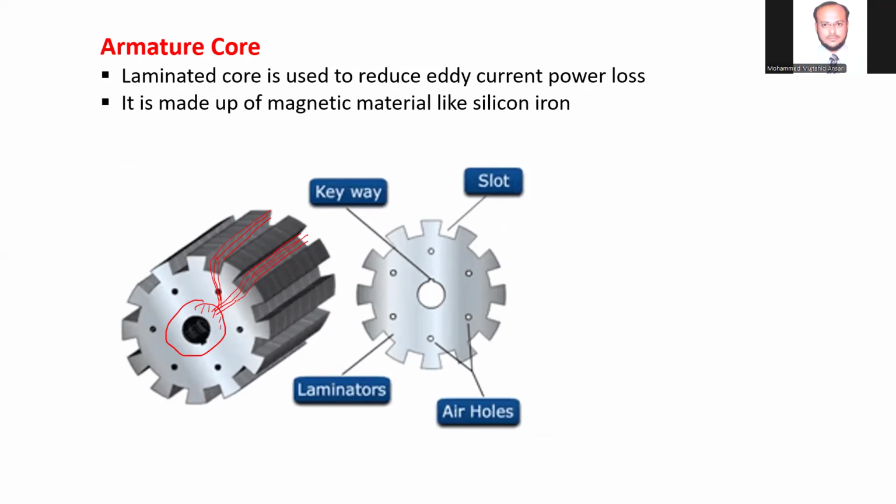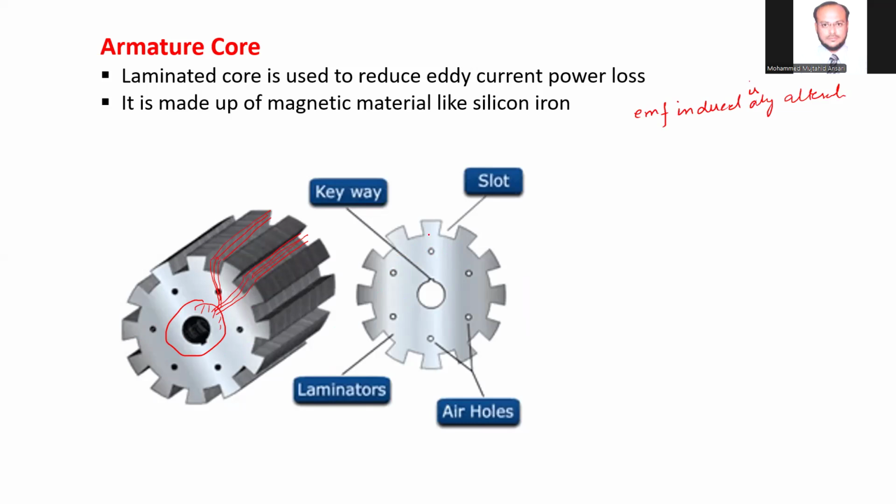But in the armature core, since we found that the actual EMF induced is always alternating, isn't it? And because of the alternating EMF, it induces current. See, this metallic part is made up of silicon iron. It is a conducting part.